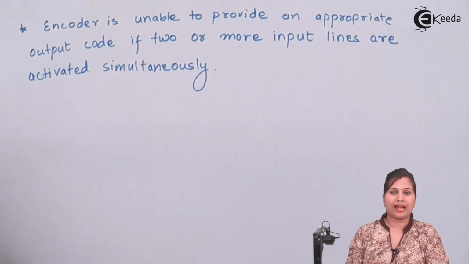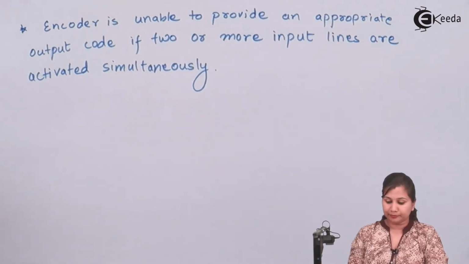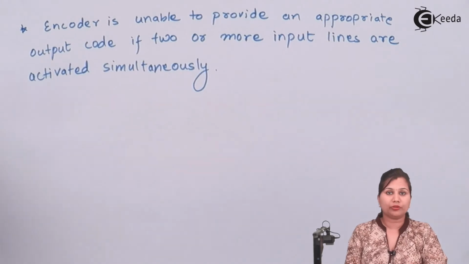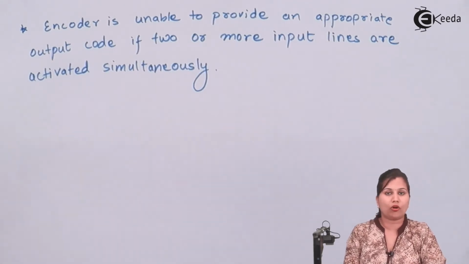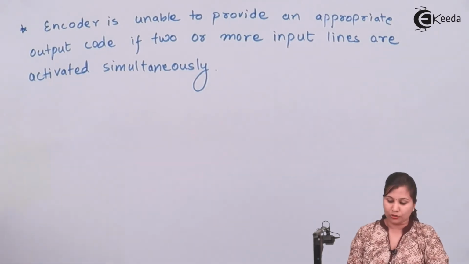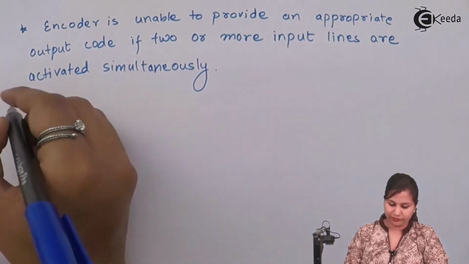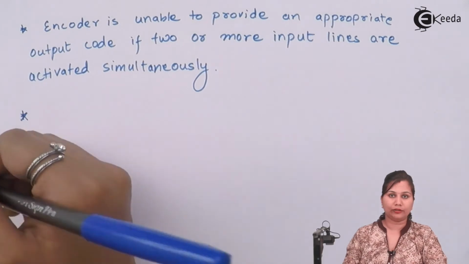Suppose the 7th and the 5th input lines are both activated; then the encoder gets confused whether to provide the code for the 7th or the 5th line. To solve this problem, we have priority encoders.